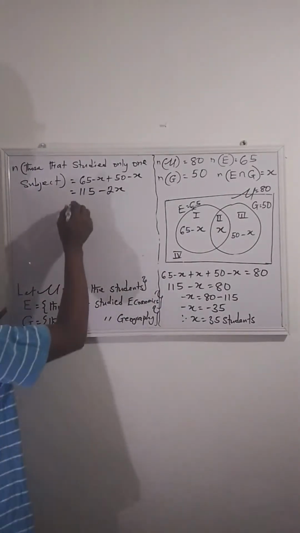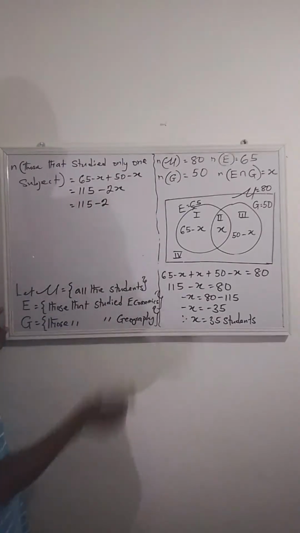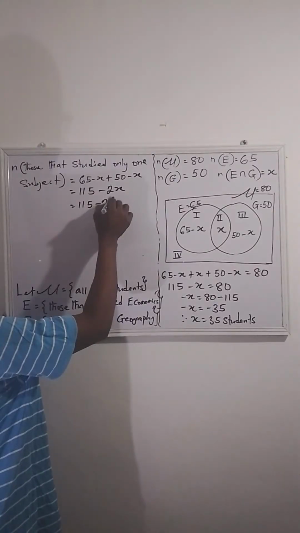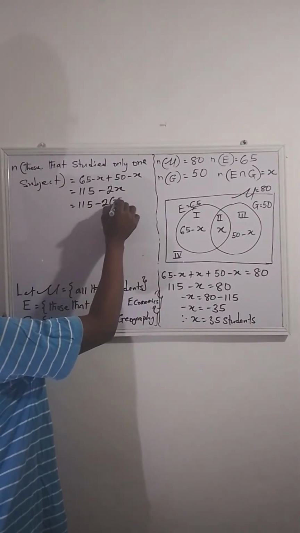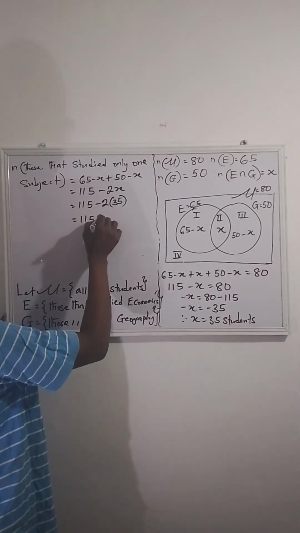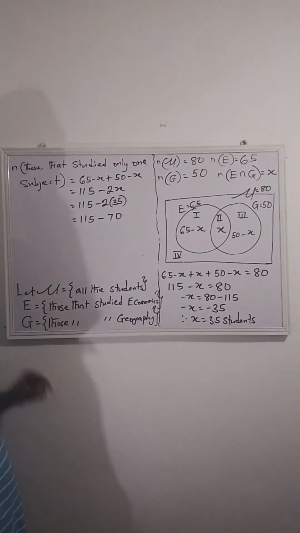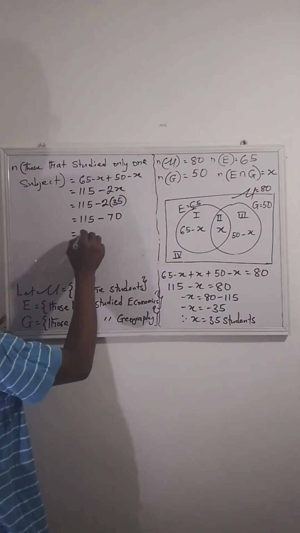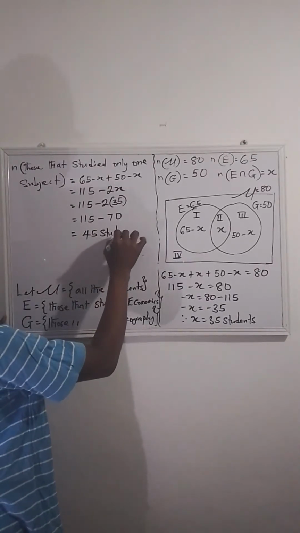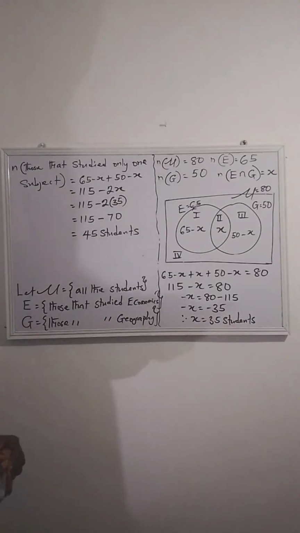So that is 115 minus 2 times x. What is our x? X is 35. So that's 115 minus 70. Hope you are getting that. When you subtract, you have 45 students. 45 students studied only one subject.